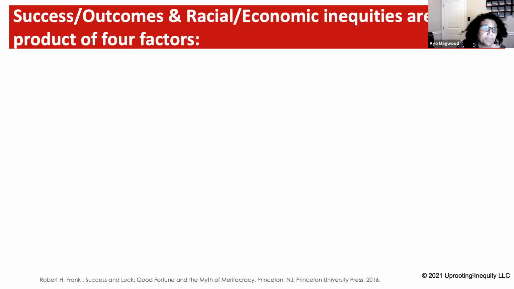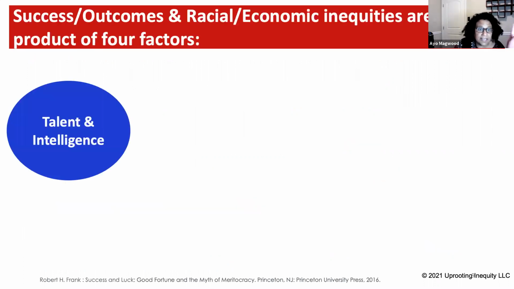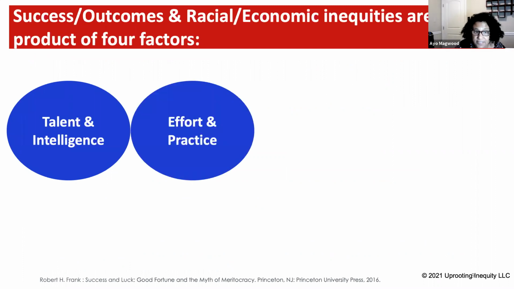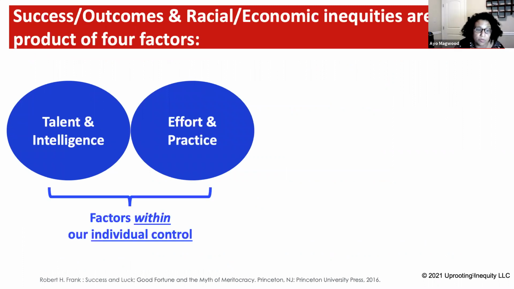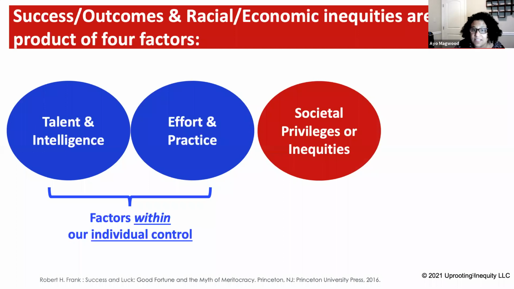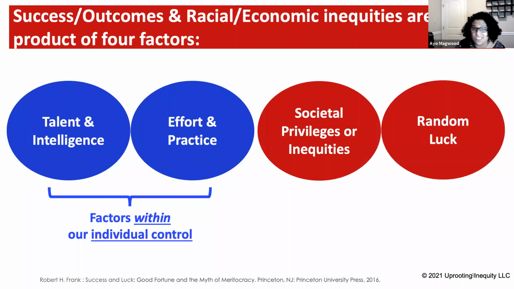racial minorities. So again, our success and outcomes and also racial economic inequities are a product of 4 factors. On the one hand, there's talent and intelligence. On the other hand, there's effort, or practice, and both of those are within our individual control. But obviously, societal privileges and inequities also play a role, and also just random luck plays a huge role, right?